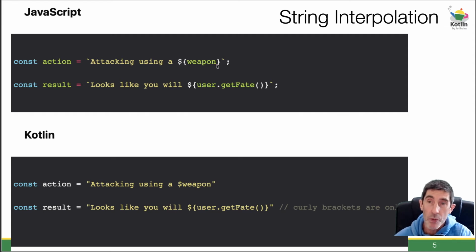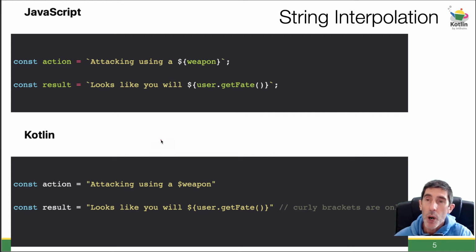So again, something very similar to what we would see in Kotlin. The only difference is that if we want to access the variable from JavaScript, we still have to use the curly brackets, whereas in Kotlin we don't. We can just say $weapon, and that will then replace whatever weapon value happens to be in our string.